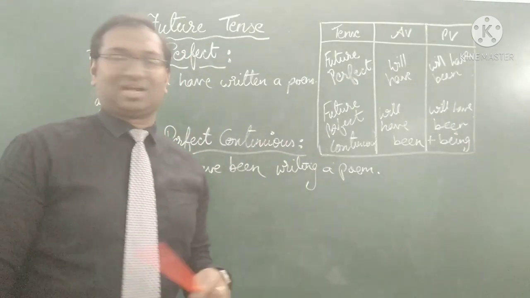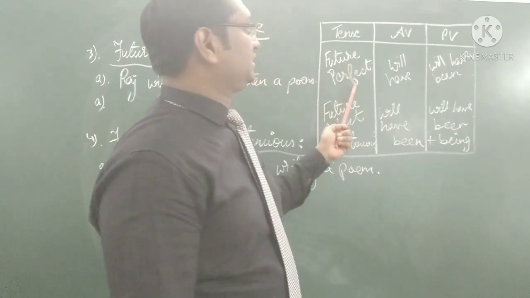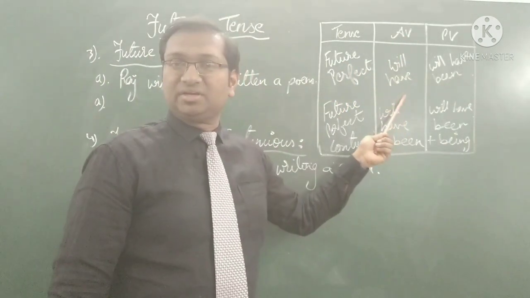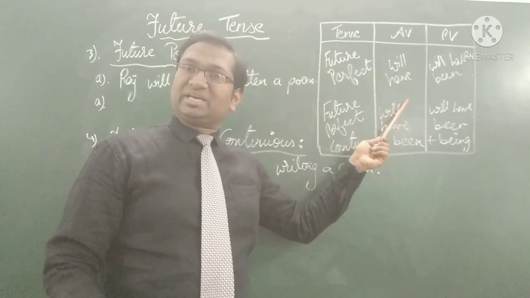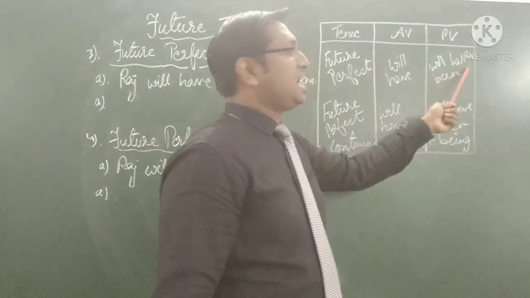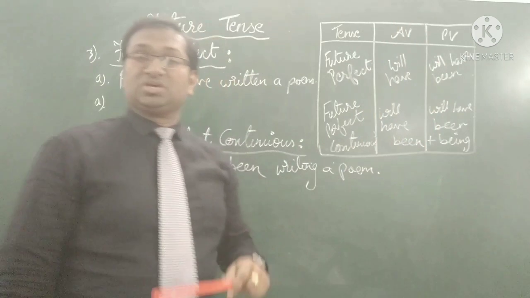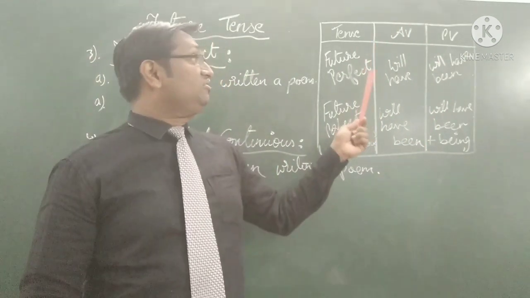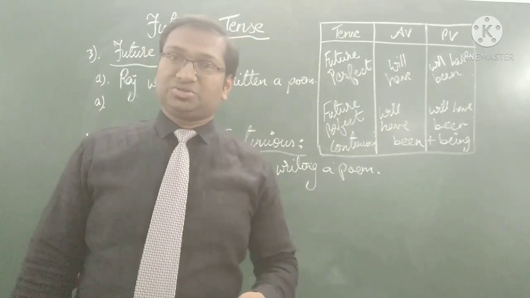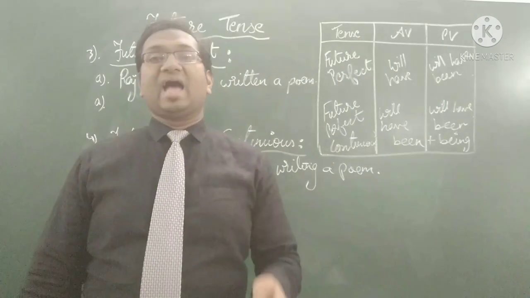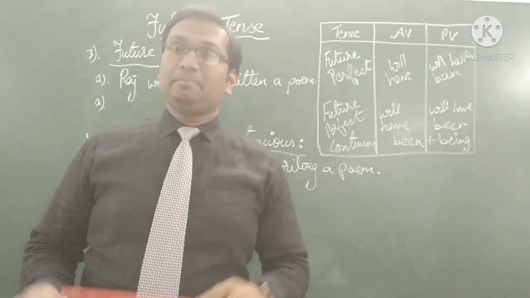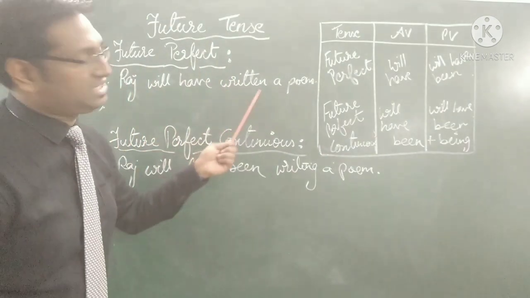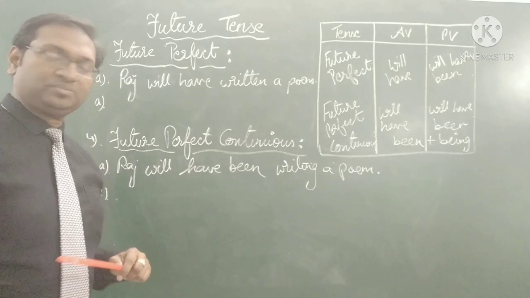Next category in future is future perfect. Now, first the chart. Future perfect. See, in active voice it is will have. And what are we going to use in passive voice? Will have been. So, in active voice of future perfect, it is only will have, and we are going to use will have been in the passive voice. Let's do the sentence. Raj will have written a poem.